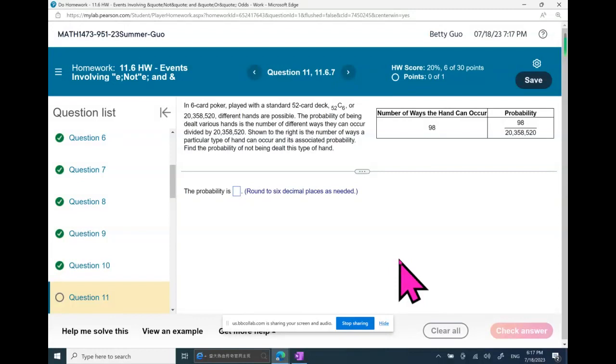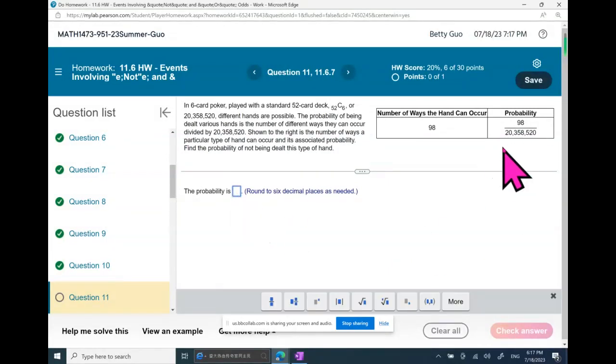My first impression of this problem is that it's going to be a lot of work, but once you finish reading the problem, all we need to do is use 1 minus this probability.